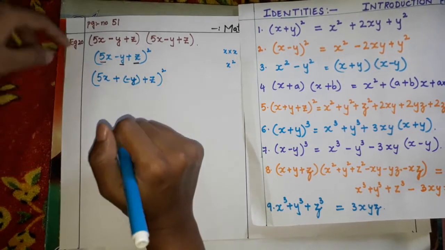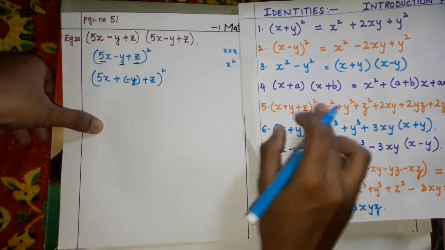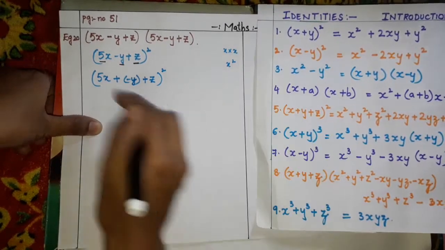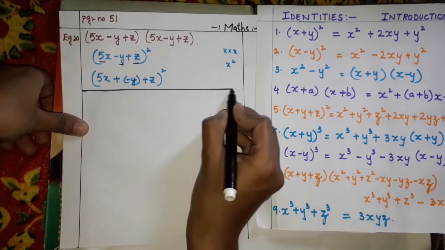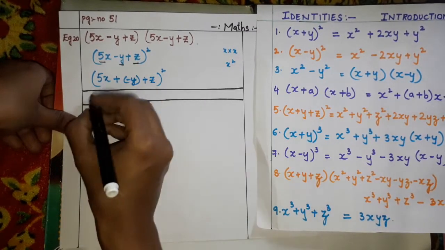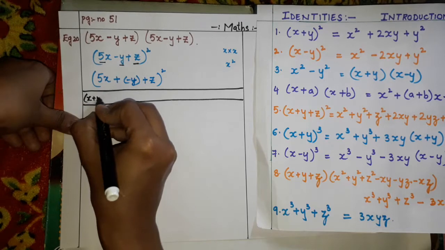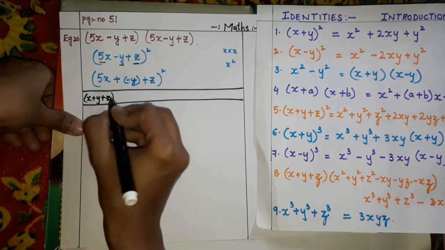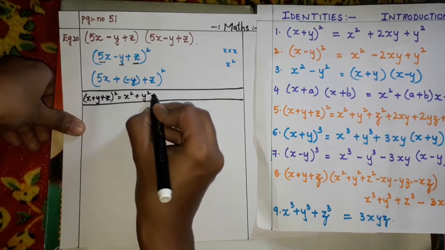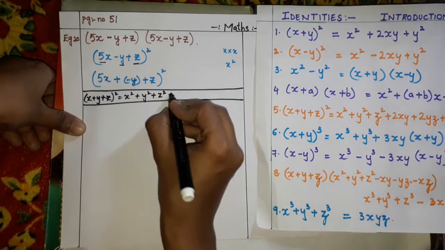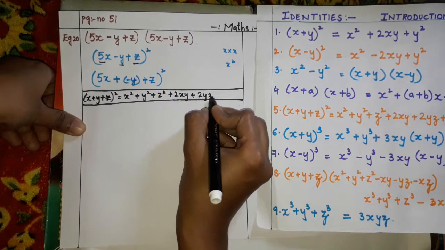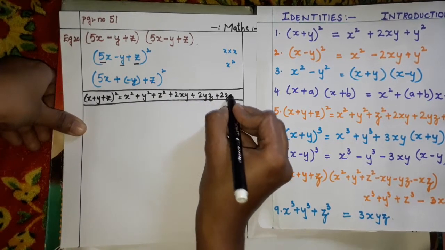Okay children, now what is our identity? I am going to write the identity in a box. (x plus y plus z) whole square is equal to x square plus y square plus z square plus 2xy plus 2yz plus 2zx.